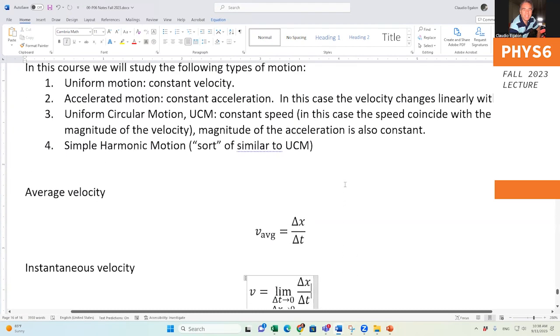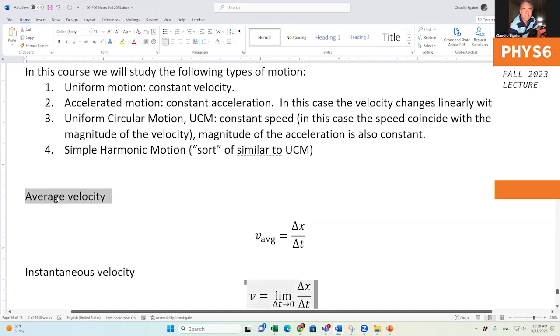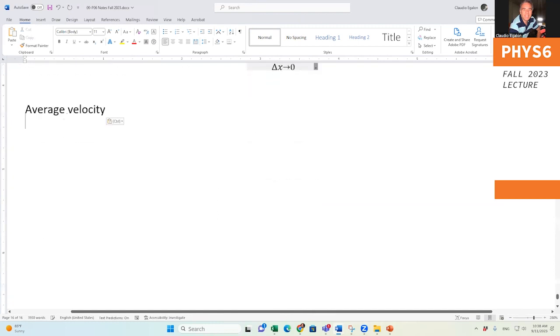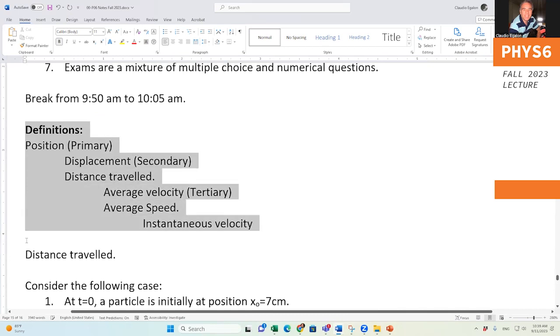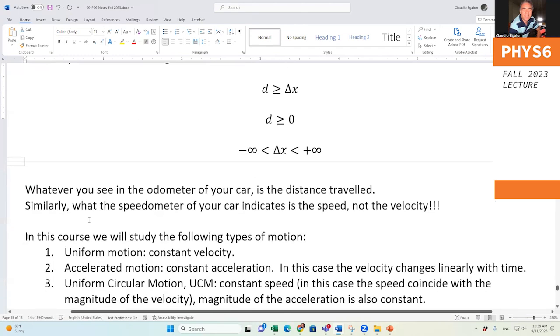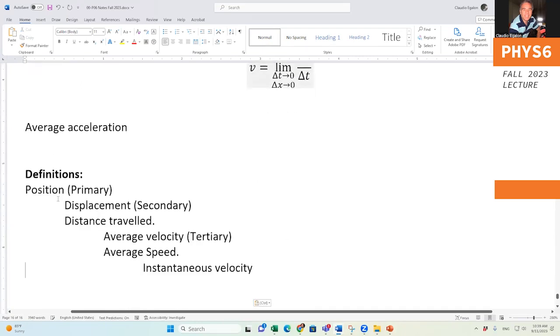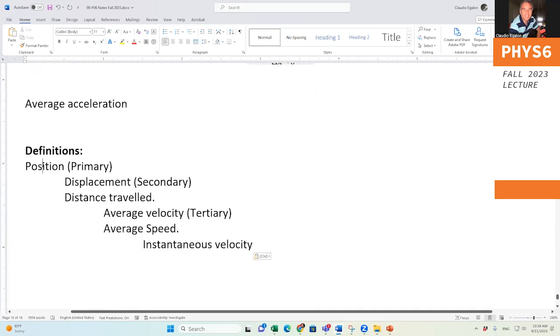Now, what we're going to define next is not called just acceleration, it's called average acceleration. And now we can copy and paste our progression of definitions. We need the definition of position to define displacement and distance traveled. We need the definition of displacement to define average velocity, and we need the definition of distance traveled to define average speed.